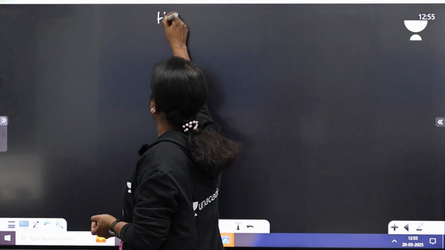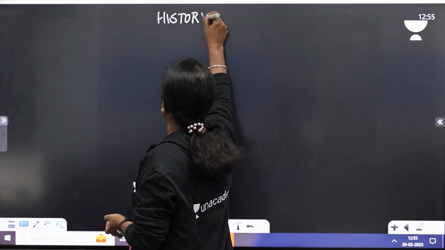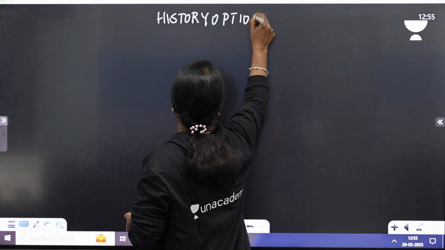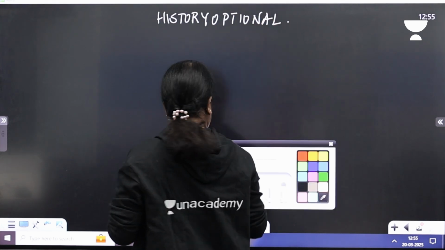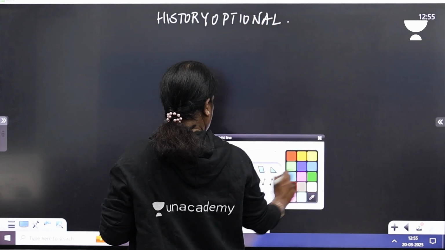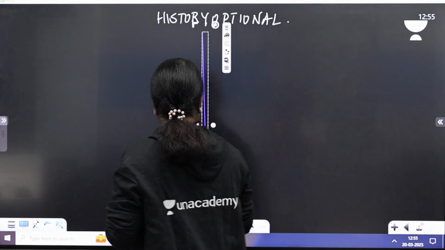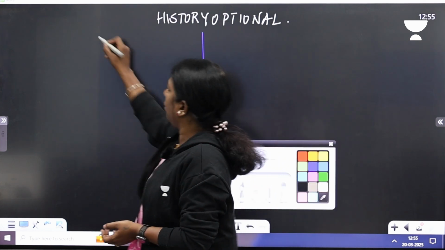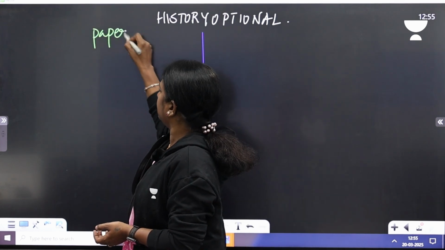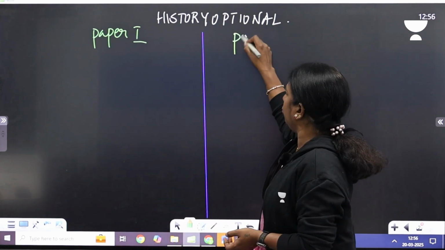If you look at the history optional paper, like any other paper, it is divided into 2. The first part we call paper 1 and we have paper 2.